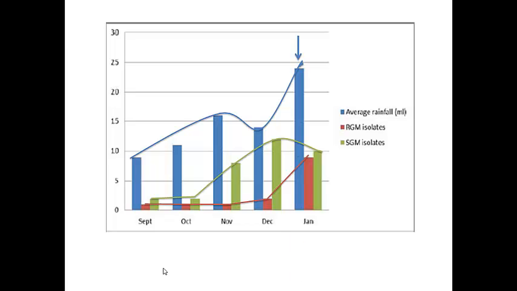But beyond a certain point, the saturation kicks in, and the dilution factor kicks in also. At the amount that we isolated, beyond a certain amount of rainfall in this area seemed to dilute what we got.